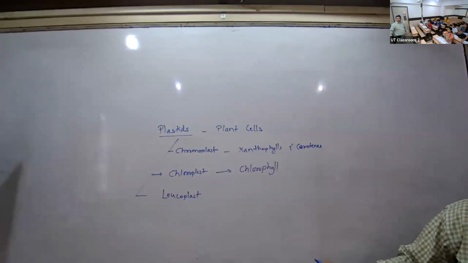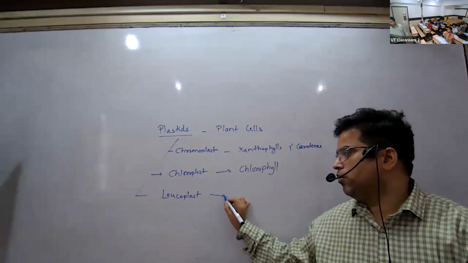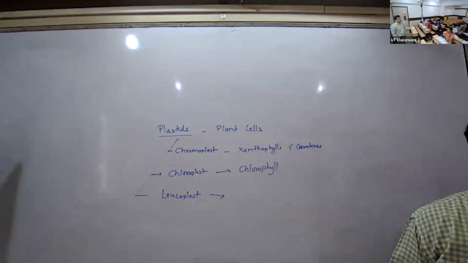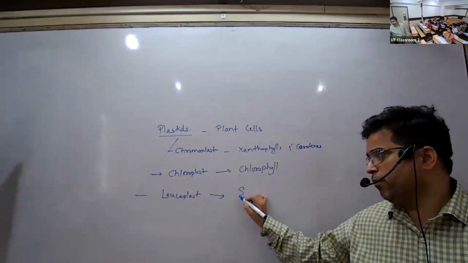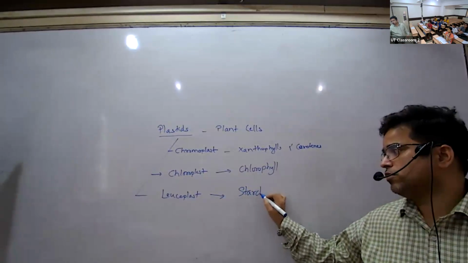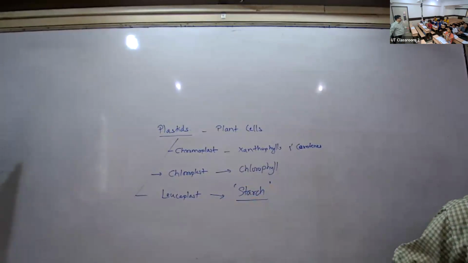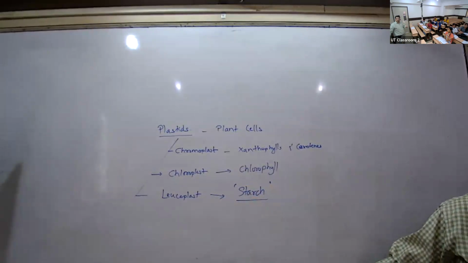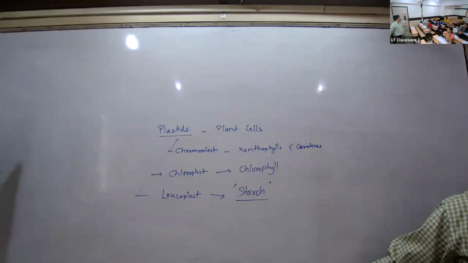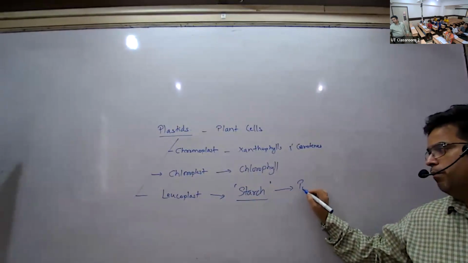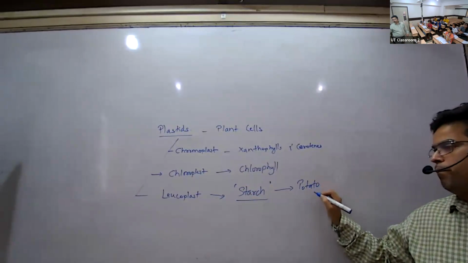The last one is the leucoplast. What is the color? It is colorless, or बोला जाता है white in color. Basically it is not having any pigment but it stores starch. Amylase or starch, amyloplast or whatever, अलग-अलग नाम से जाना जाता है. But basically it is storing more amount of starch, which is commonly seen in potato.